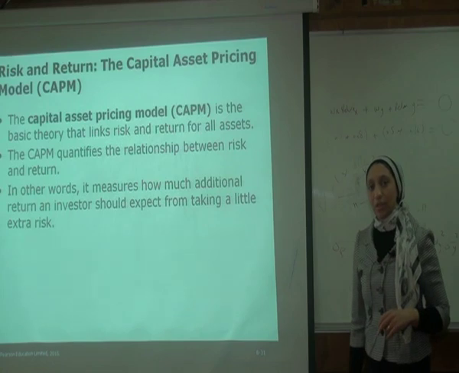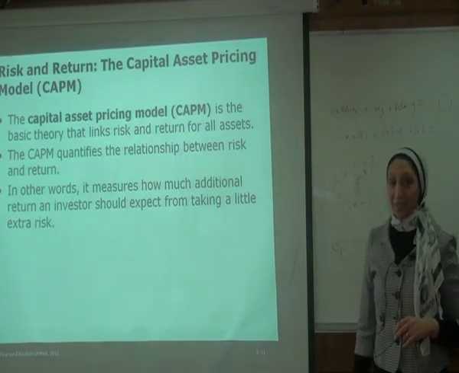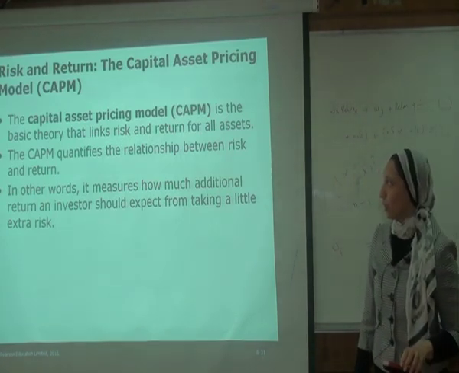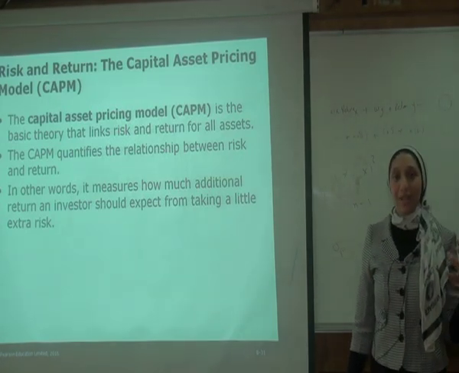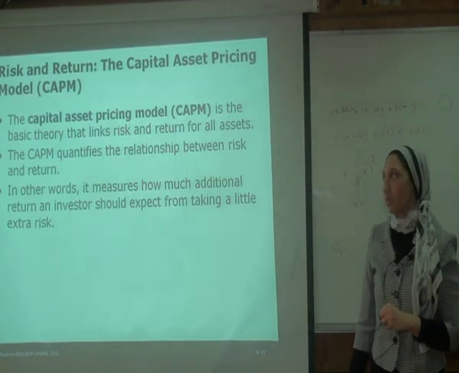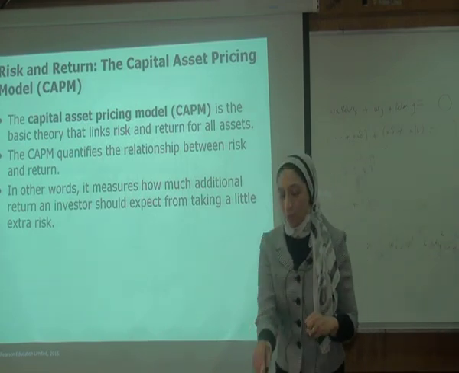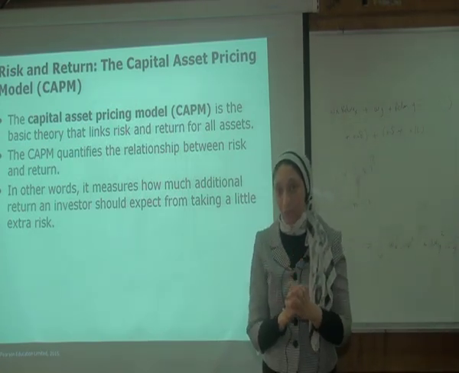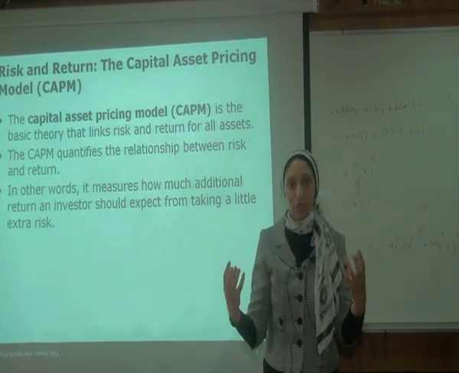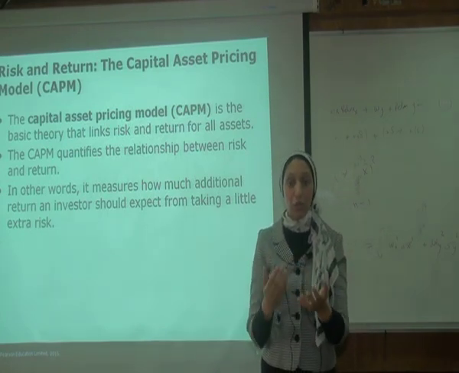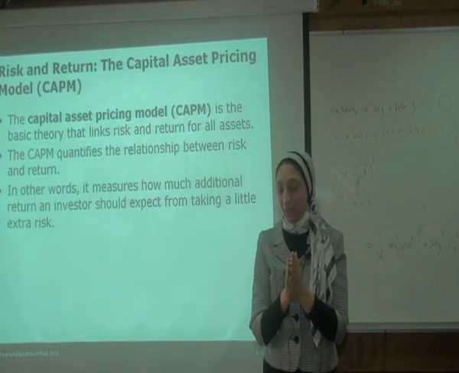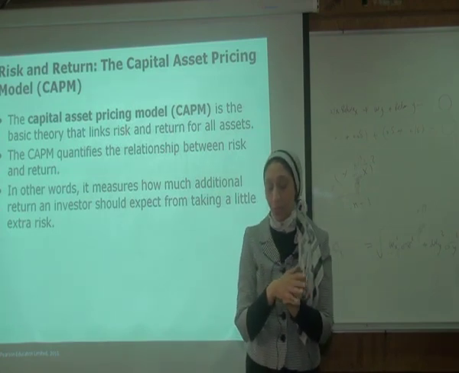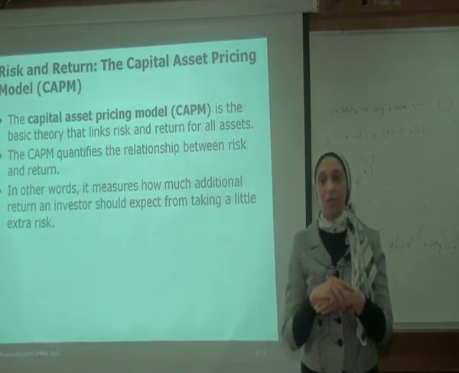Okay, then a very important topic in this chapter, which is the capital asset pricing model. At the beginning of the session, we were differentiating between different investor types, and we mentioned that we have a type that's called the risk-averse investor.